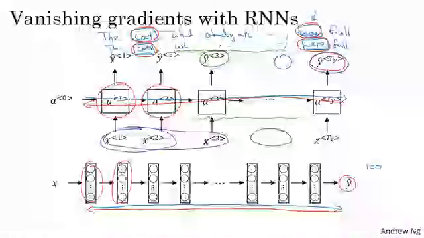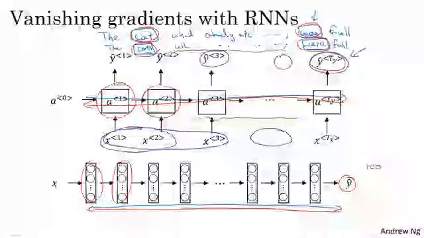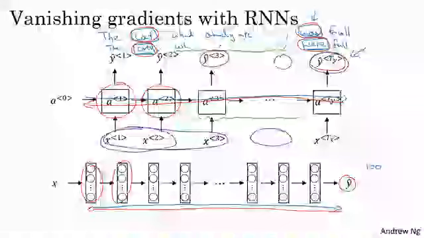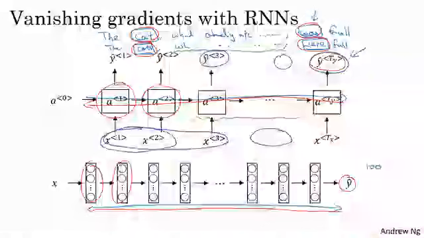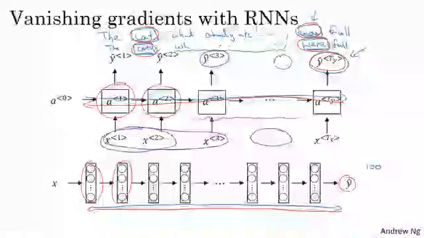And this is because whatever the output is, whether this got it right or this got it wrong, it's just very difficult for the error to backpropagate all the way to the beginning of the sequence, and therefore to modify how the neural network is doing computations earlier in the sequence. So this is a weakness of the basic RNN algorithm, one which we'll start to address in the next few videos. But if we don't address it, then RNNs tend not to be very good at capturing long-range dependencies.